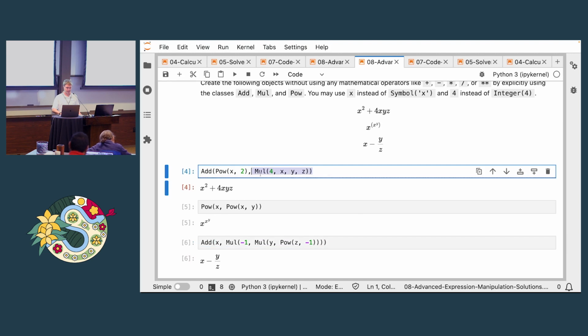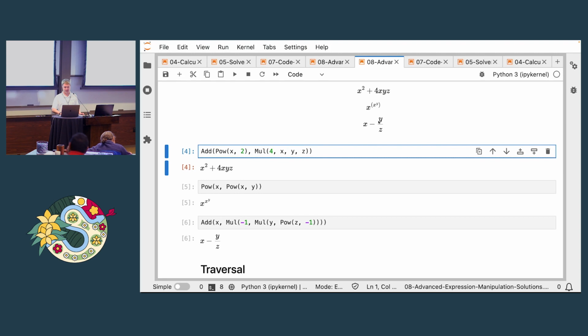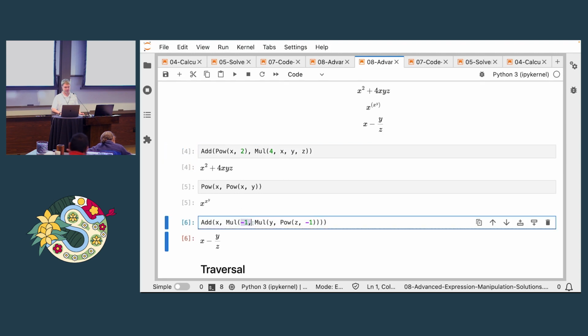First off, it's worth noting that this add and this mul, you can pass as many args as you want to. And then for x minus y over z, you have to use -1 times this to get a minus sign, and then z to the -1 to get this division here.